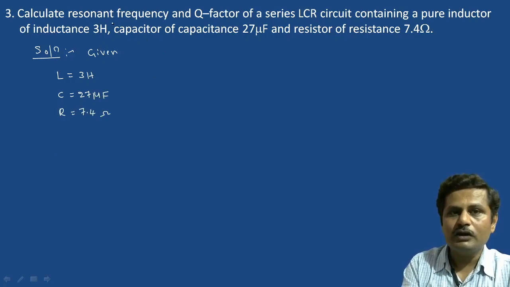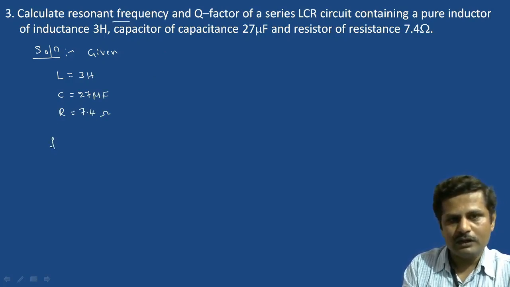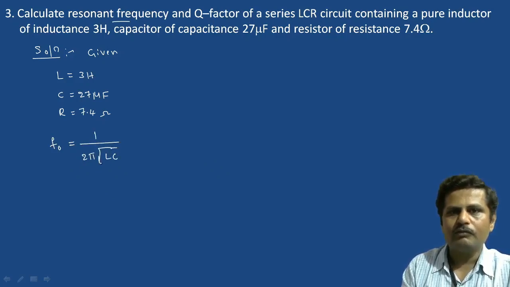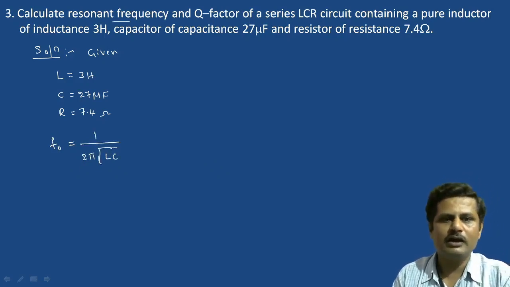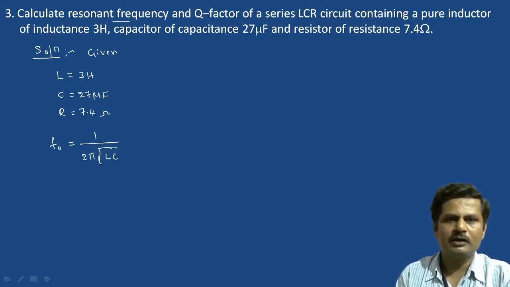So we need to find out the resonant frequency. We have seen that the resonant frequency is equal to 1 divided by 2 pi square root of LC. We know that at resonance the inductive reactance is equal to the capacitive reactance. By using that we can get F naught equals 1 by 2 pi root LC.